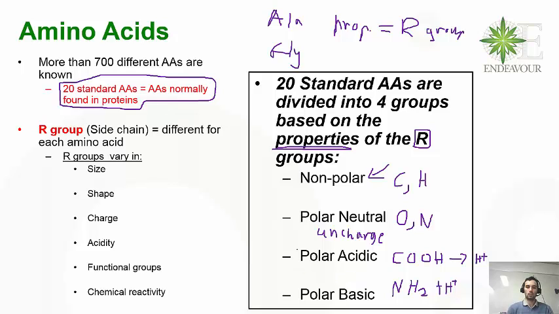These two at the bottom, acidic and basic, have the possibility of becoming charged. If they are acidic, they can become negatively charged, and the basic ones can become positively charged. I'll show you why this is in the coming slides.